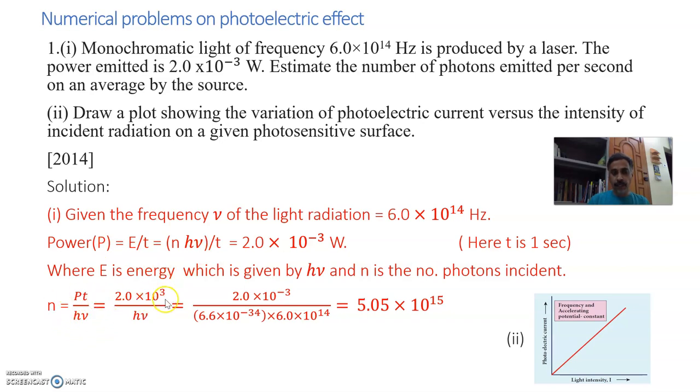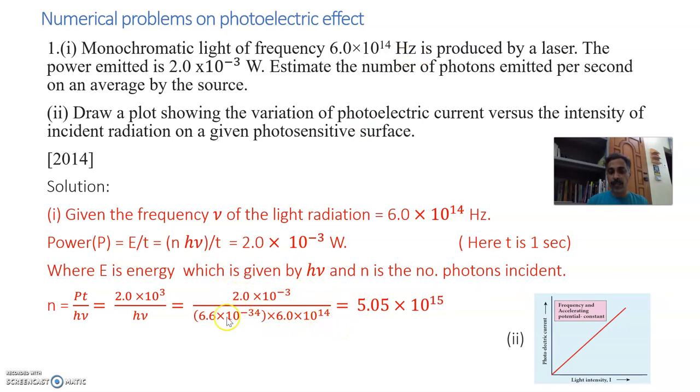So T is 1 second multiplied by P, which is already given, 2 into 10 power minus 3 watt, divided by h nu. What is h? h is Planck's constant, a constant with the value 6.6 into 10 power minus 34, multiplied by nu. Nu is given here as 6 into 10 power 14 Hertz, which is the frequency.